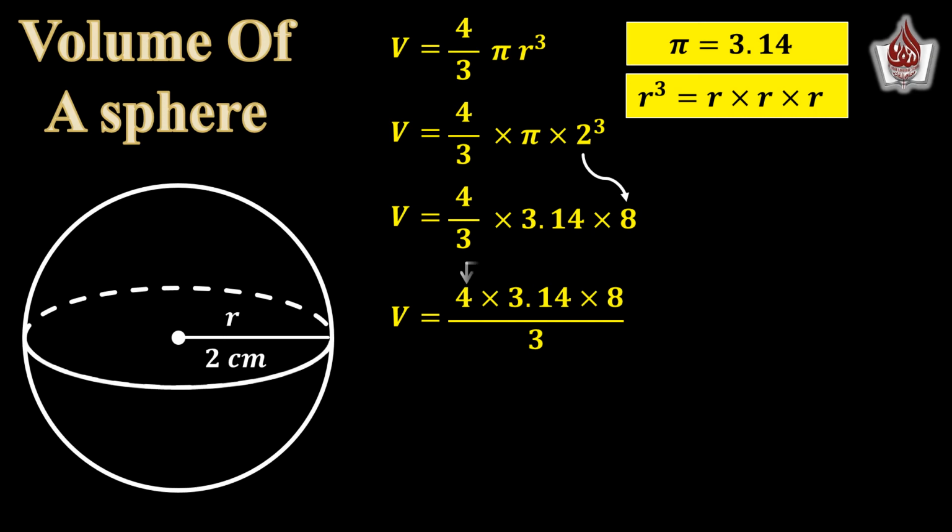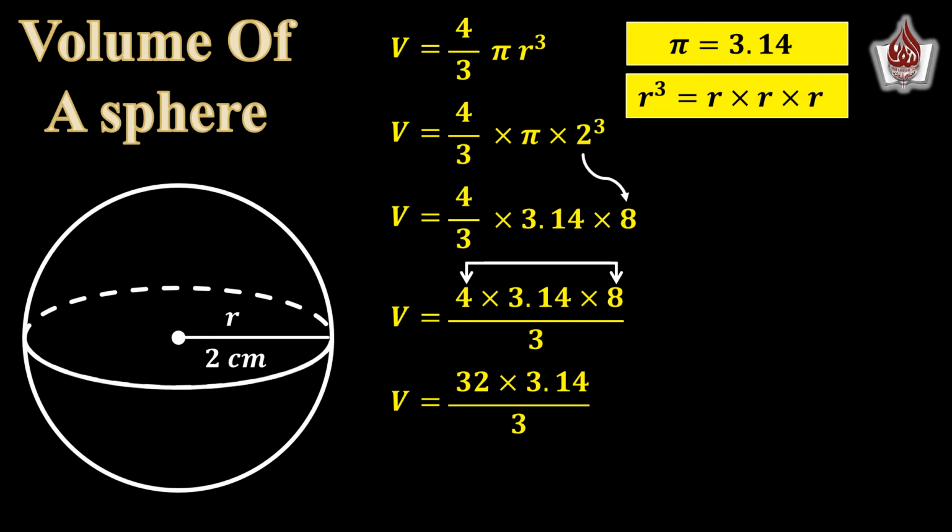Now we can multiply 4 by 8 firstly to simplify the formula. V equals 4 times 8, equal to 32. So it's equal to 32 times 3.14 divided by 3.